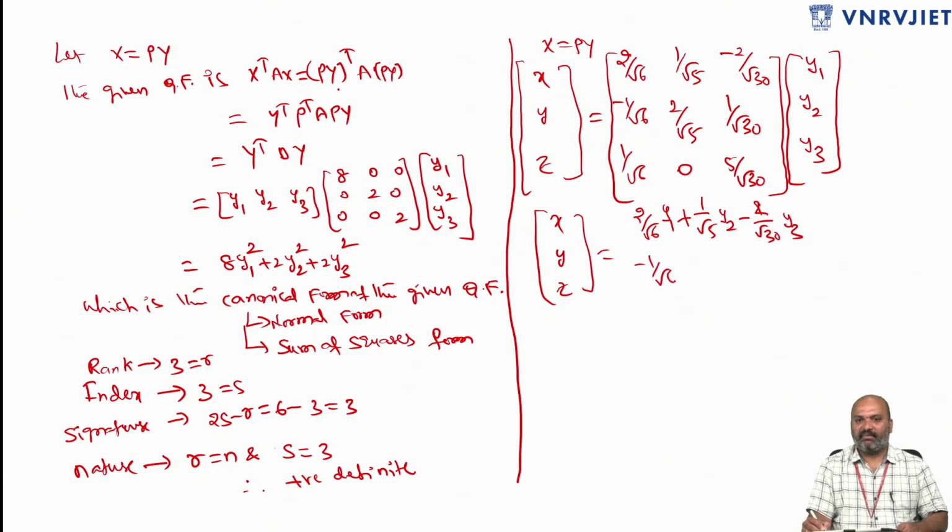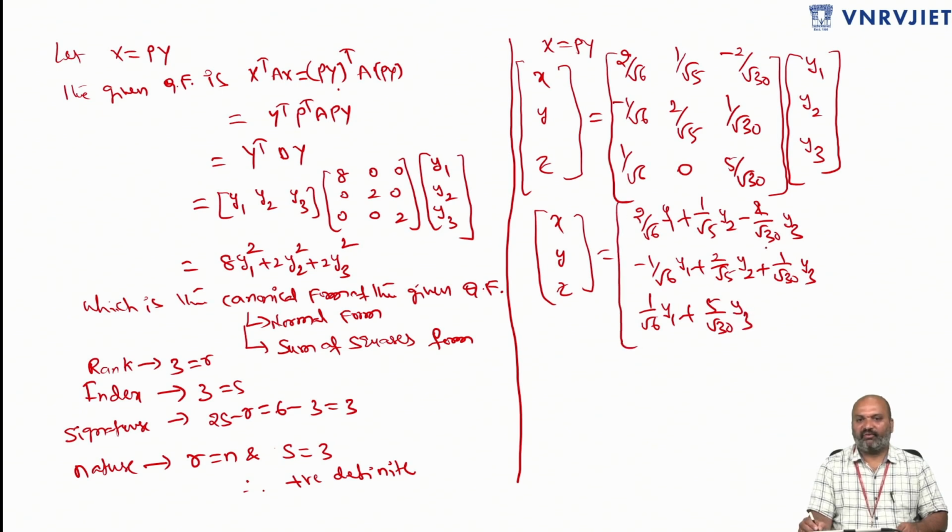Similarly, minus 1 by root over 6 into y1 plus 2 by root over 5 into y2 plus 1 by root over 30 into y3. And here it is 1 by root over 6 into y1 plus 0 plus 5 by root over 30 into y3. So this is.